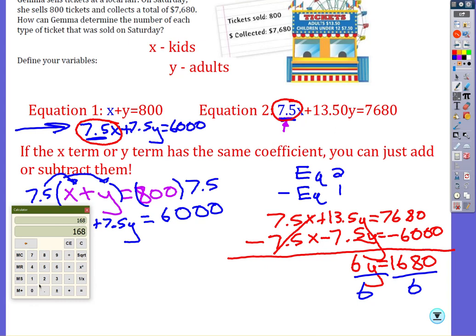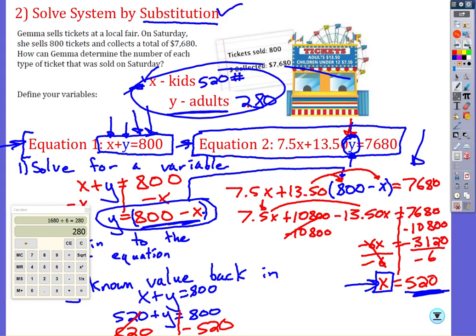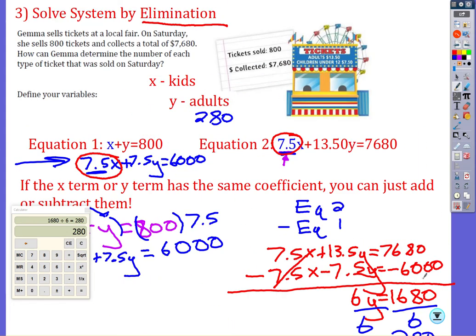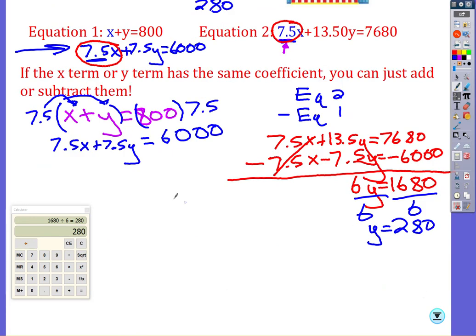We got 1,680, divide that by 6, and I'm left with the same as before, 280. And if y is adults, I've got 280 adults. Now it becomes the exact same step as back here. I just plug it back in. 280 is y, so let's just do x plus 280 equals 800.